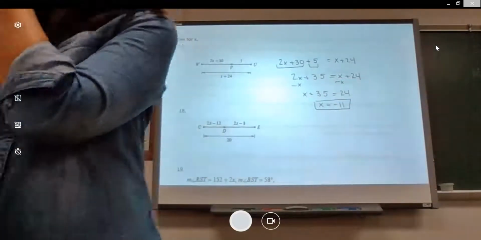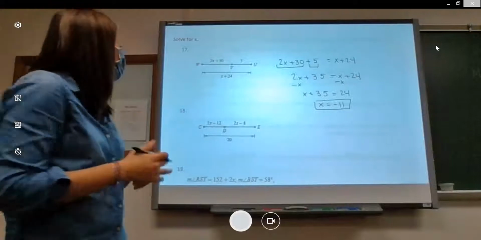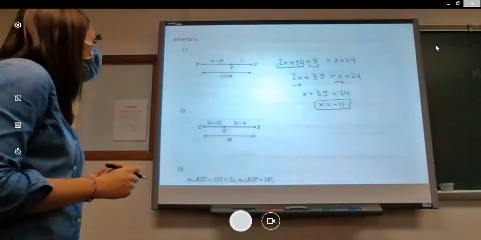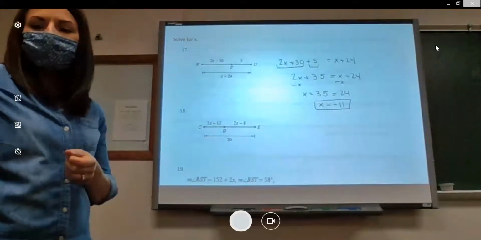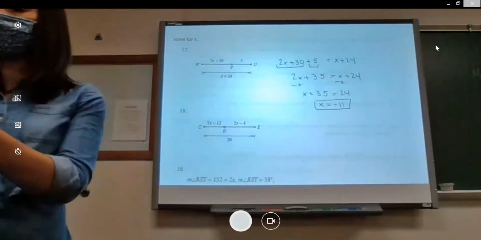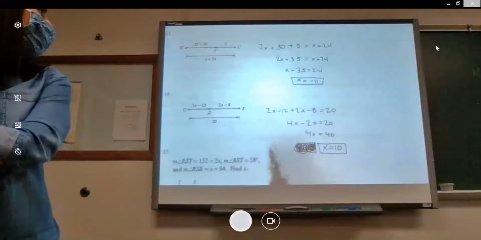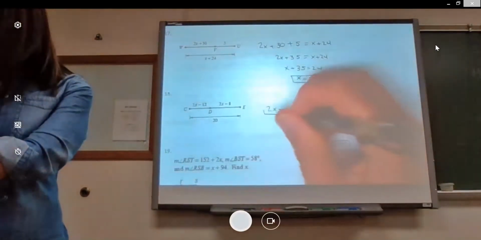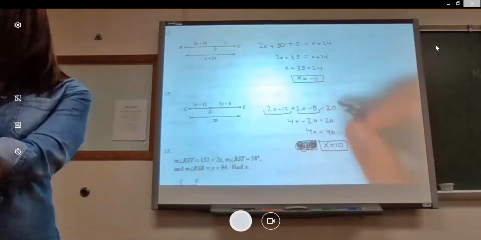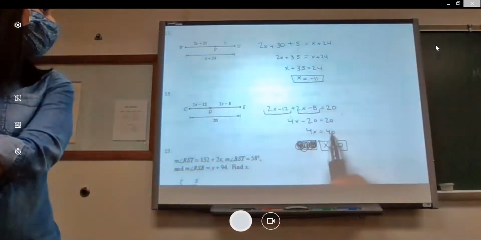And x equals negative 11. Okay, that's 17. You should have done 18 for homework. 18, again, part plus part plus part equals whole. Gives you x equals 10.